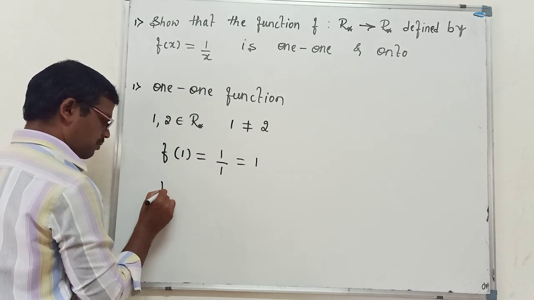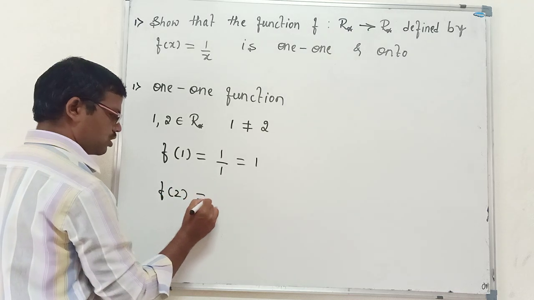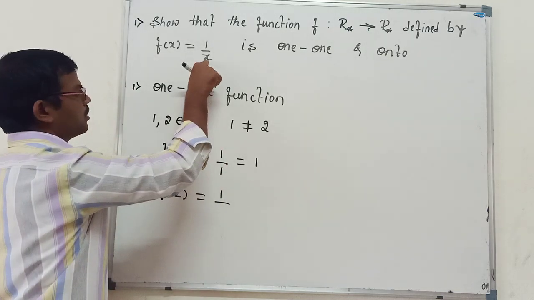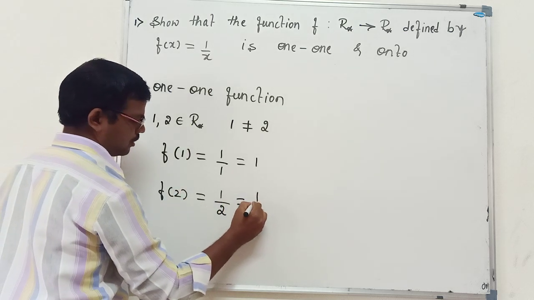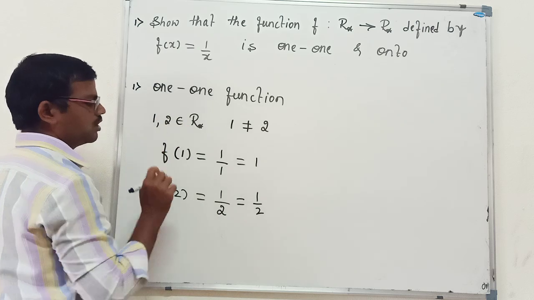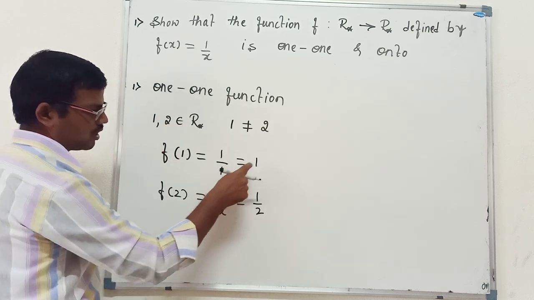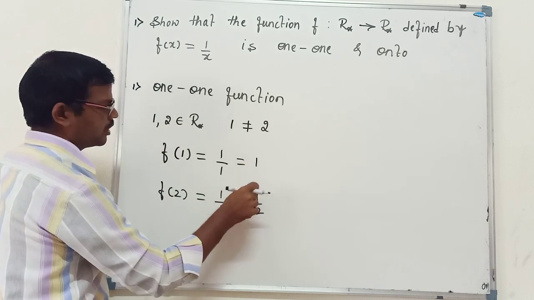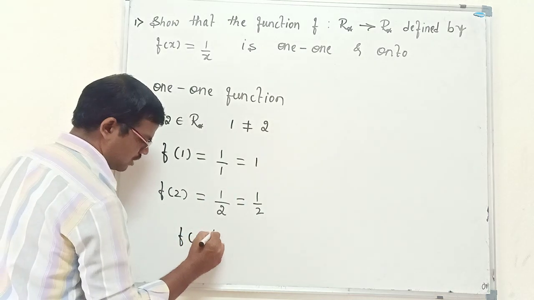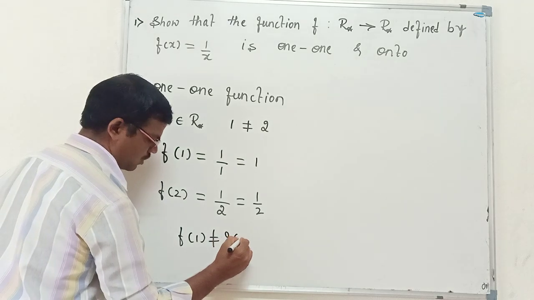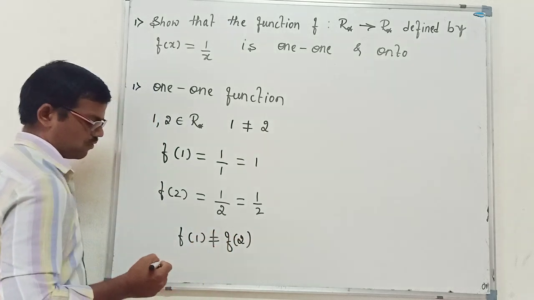Next we find out the image of 2. Image of 2 is equal to 1 by x. Where there is x, we have to put the 2. So 1 by 2 is the image of the given function. Now here, is 1 equal to 1 by 2? No, here we got that the images are also not equal. f of 1 is not equal to f of 2.